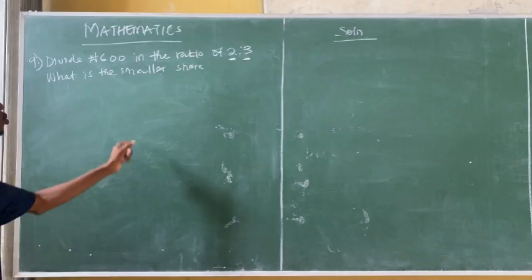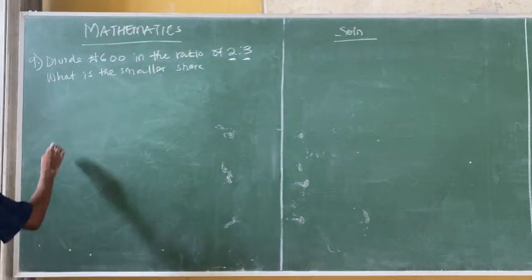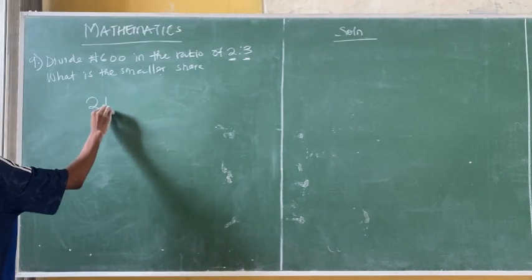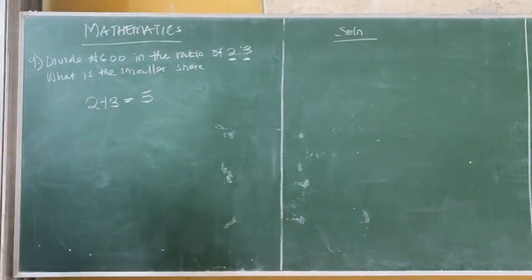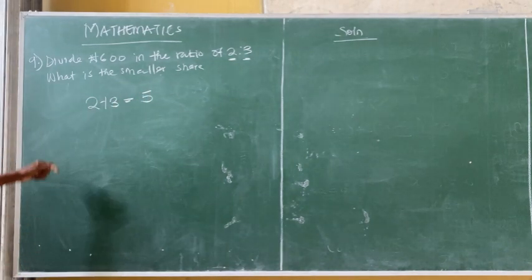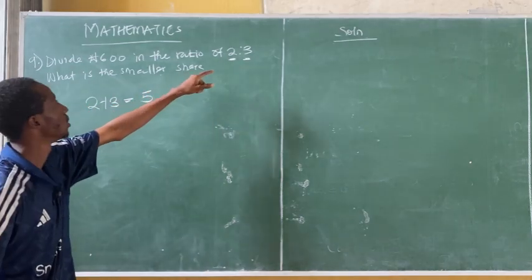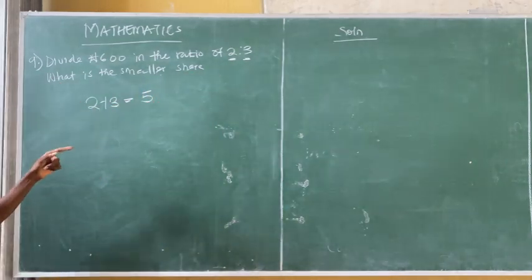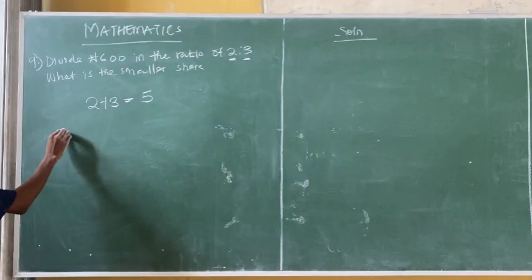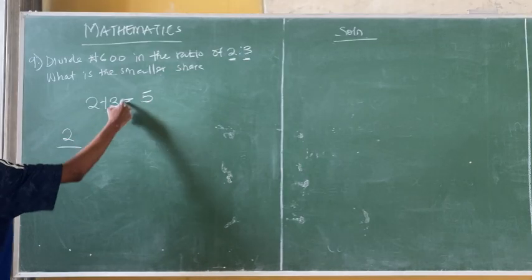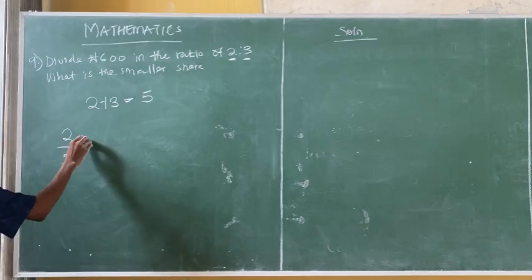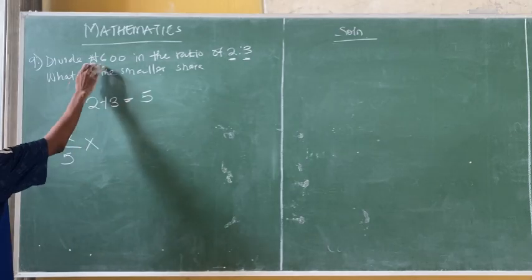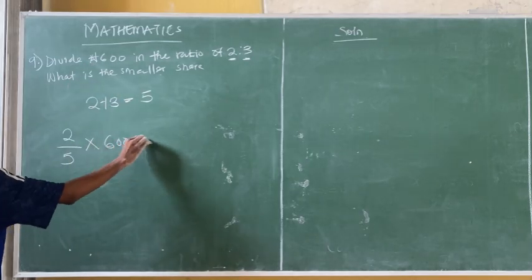Now, the first thing we need to do is to add the ratio, which will give us what? 2 plus 3 gives us what? 5. Now, they said, what is the smaller share? The smaller share we have there is 2, which is 2 over the total ratio, which is 5, times the amount 600.